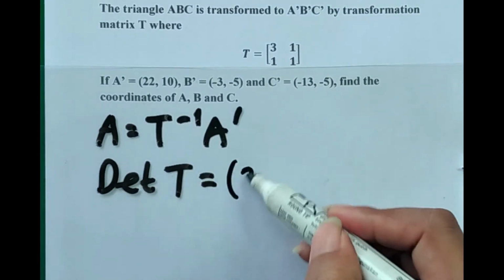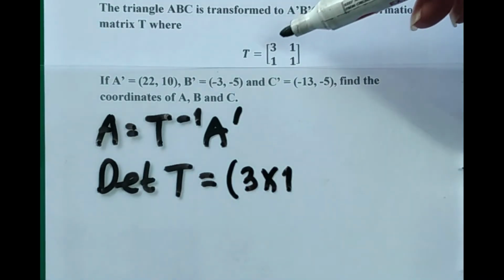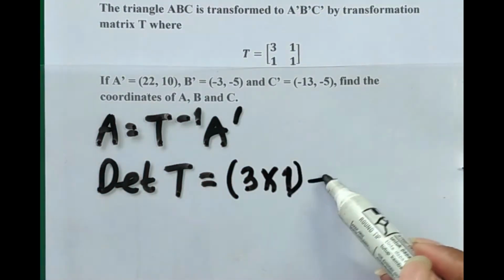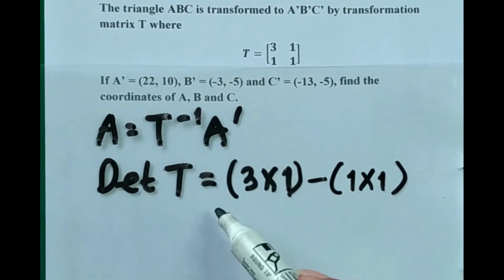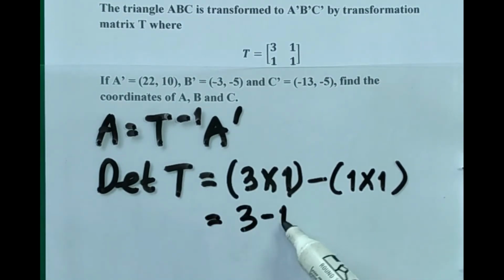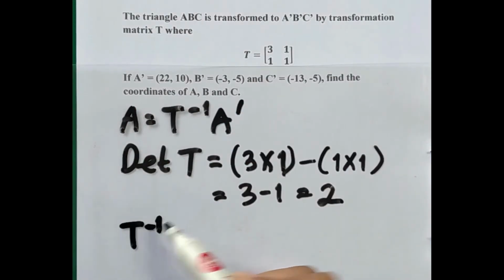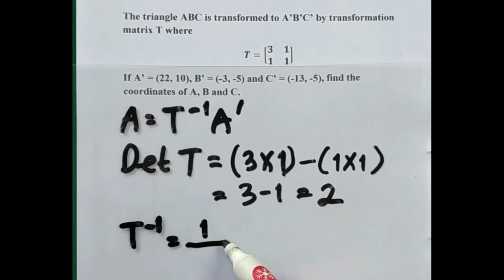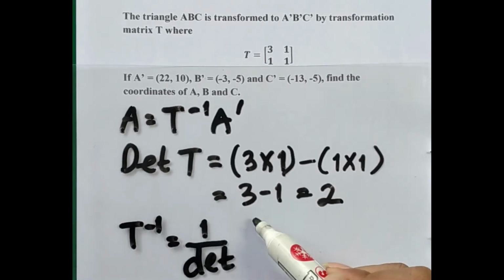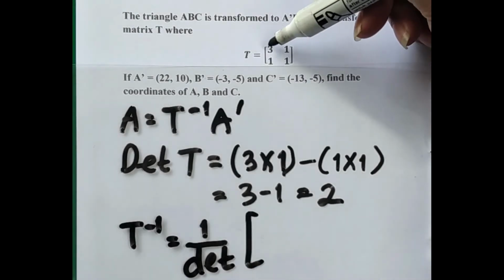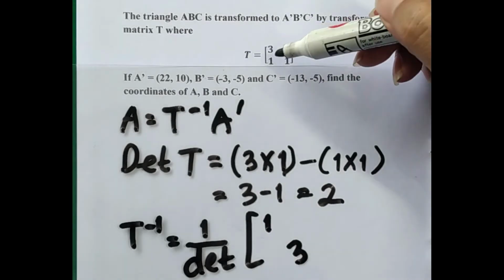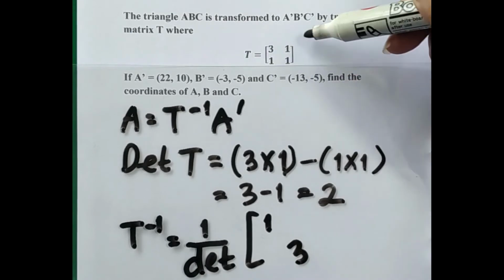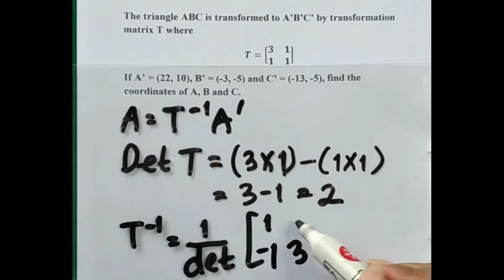So 3 times 1, this diagonal, minus this diagonal, 1 times 1, equals 3 minus 1, equals 2. The inverse of T equals 1 over the determinant of T multiplied by the matrix where we switch this diagonal, 1 and 3, and multiply the numbers of the other diagonal by negative 1, negative 1 and negative 1.